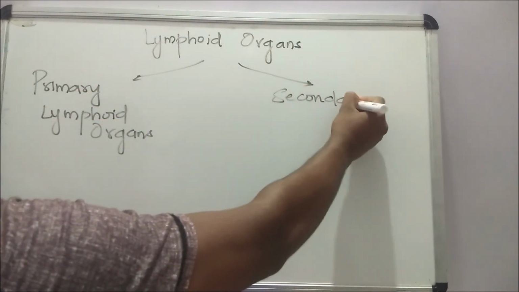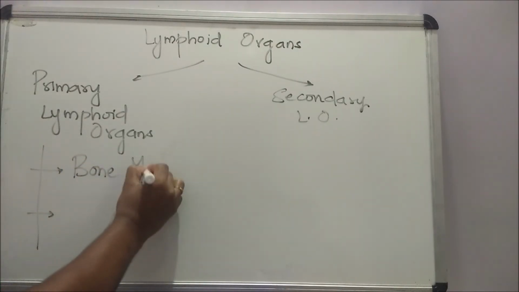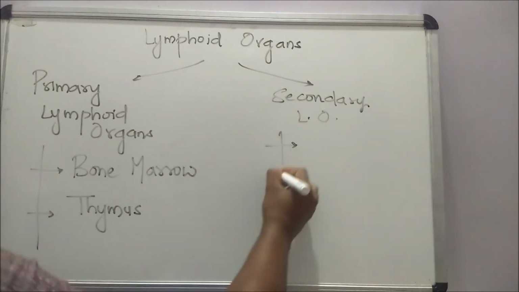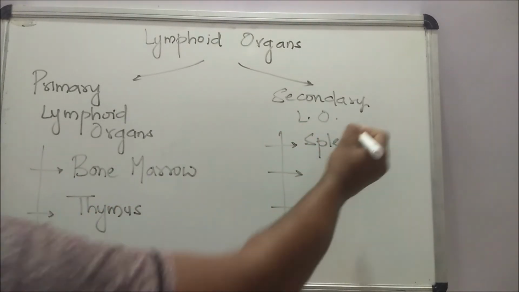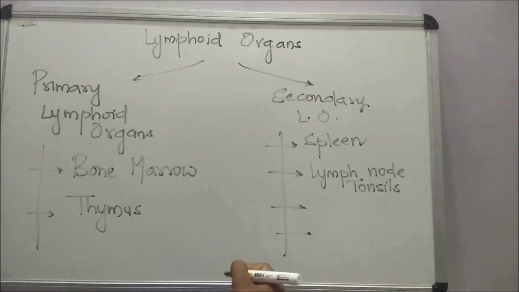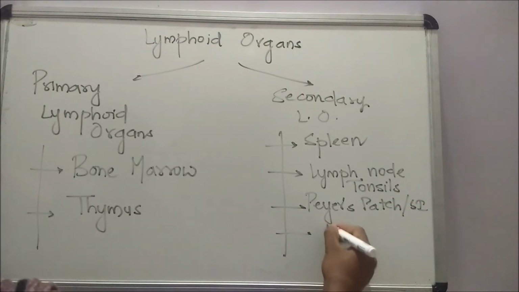The primary lymphoid organs involve two parts: the bone marrow and the thymus. The secondary lymphoid organs involve four parts: the spleen, the lymph nodes and tonsils, the Peyer's patches in the small intestine, and the appendix.